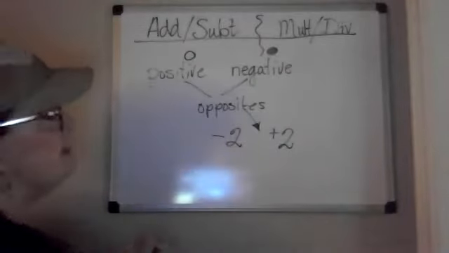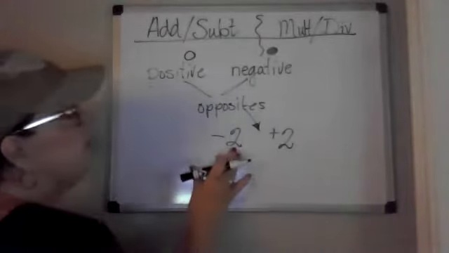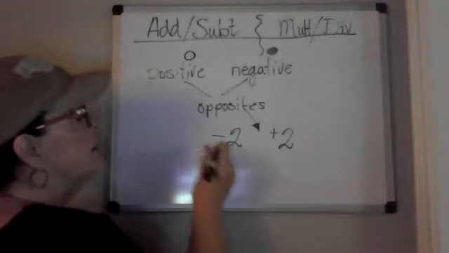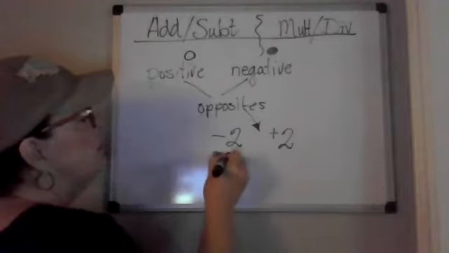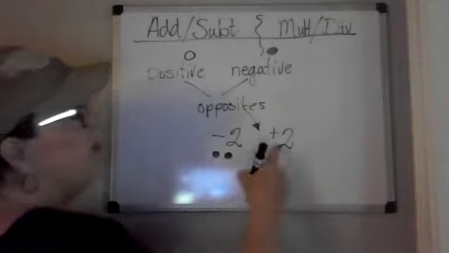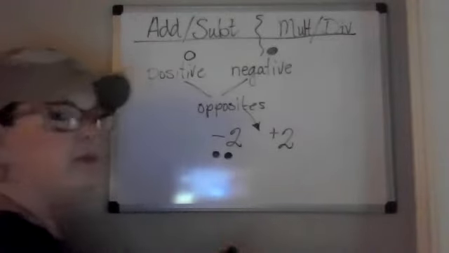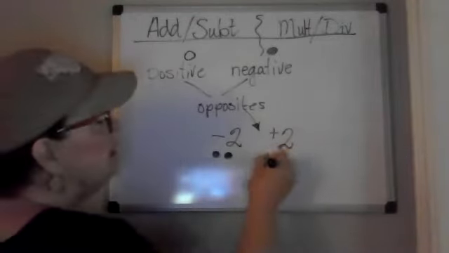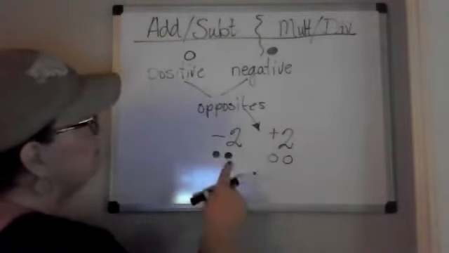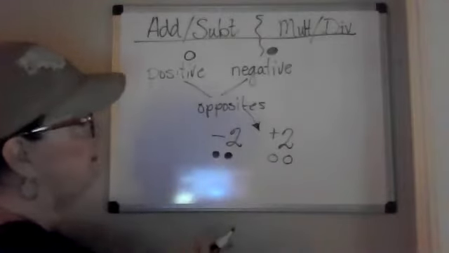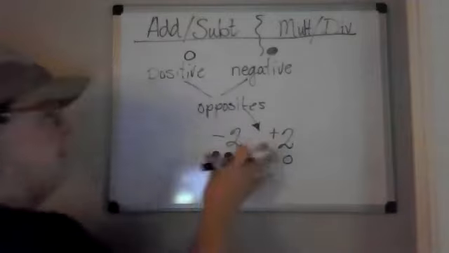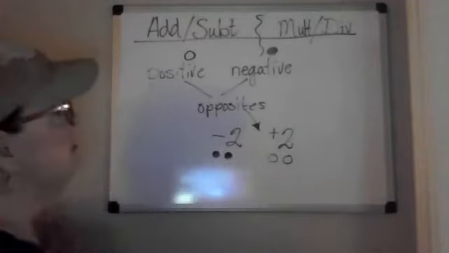So in this case, a -2 would be represented by 2 of these dark discs. And the +2 would be the light side, 2 lights, 2 darks, okay?